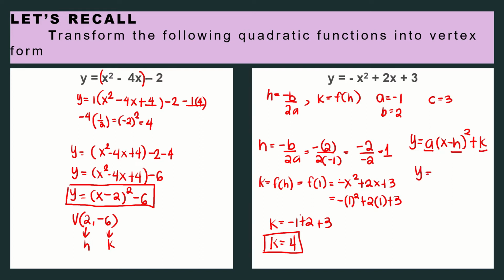So y is equal to a, which is negative 1 multiplied to x minus the value of h, and that is 1 squared plus the value of k, which is positive 4. So we simplify it. We now have y is equal to negative times x minus 1 squared plus 4. So this is now the vertex form or standard form.